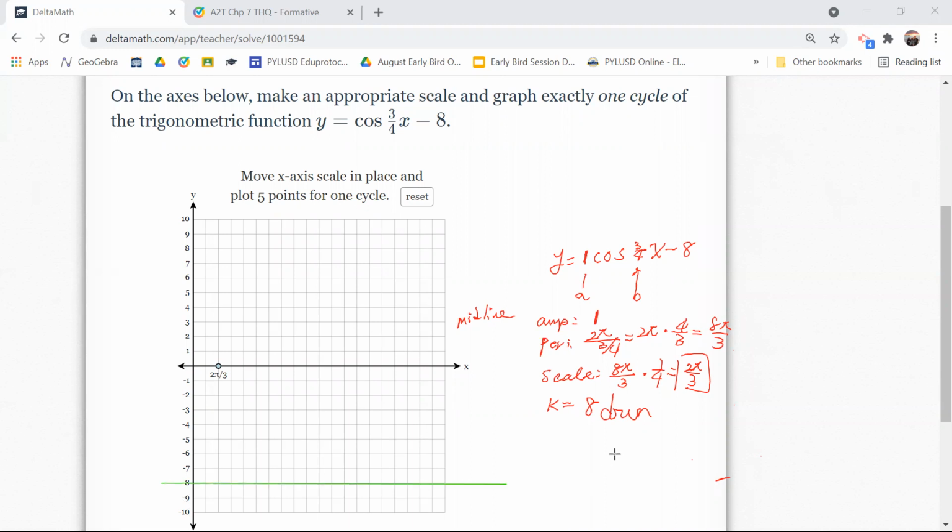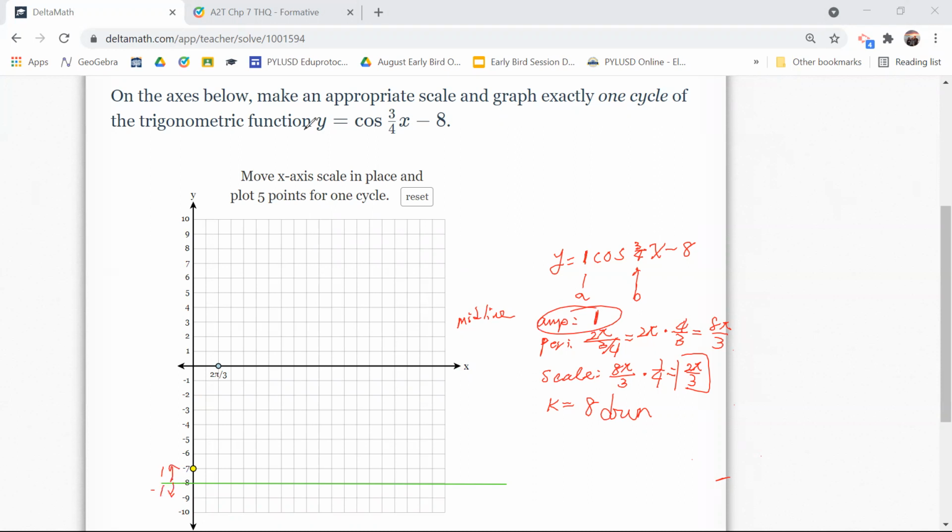And then now we're ready to plug in the first point. This is cosine, and we're going to go up 1 unit right there. We're going to go up 1 unit because our amplitude is 1. So I'm going to go up 1, go down 1.